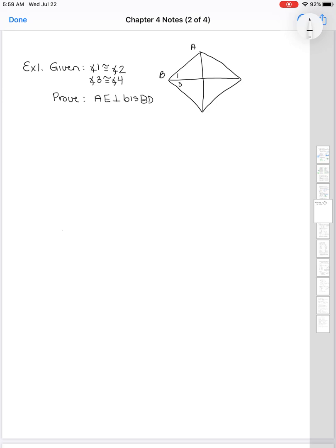And we're going to prove that AE is the perpendicular bisector to BD. So this is not in the notes, so definitely add this in. 1, 3, E. I'm just going to set up my 2 columns.